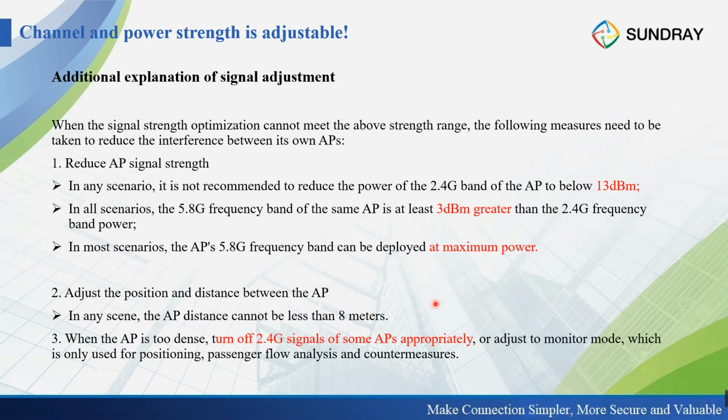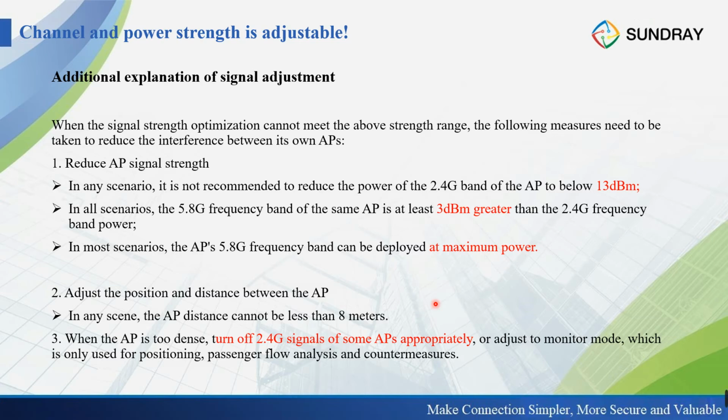Reducing the power mostly happens on the 2.4G band, because we know that 2.4G is easily interfered with and is also good at penetrating obstacles. So usually we adjust the 2.4G signal 3 dB lower than the 5G frequency.